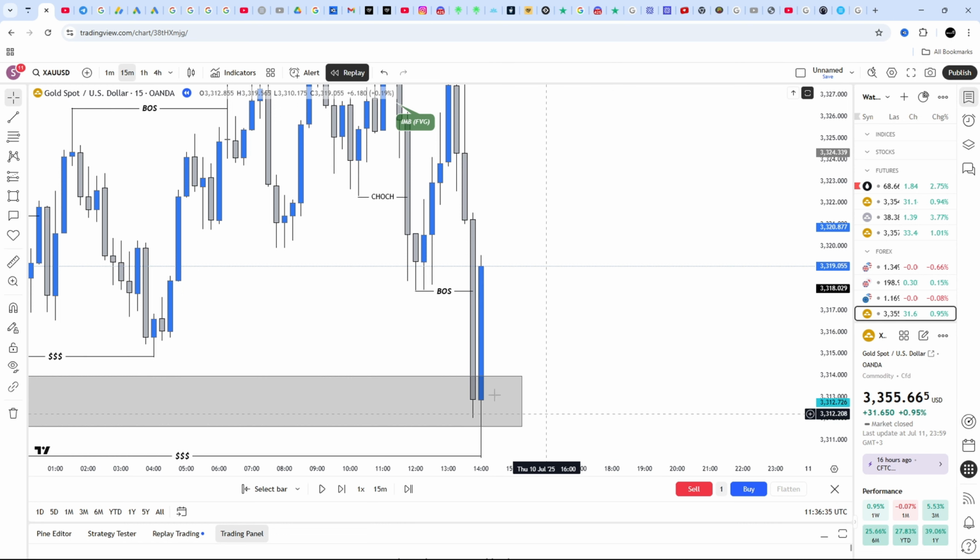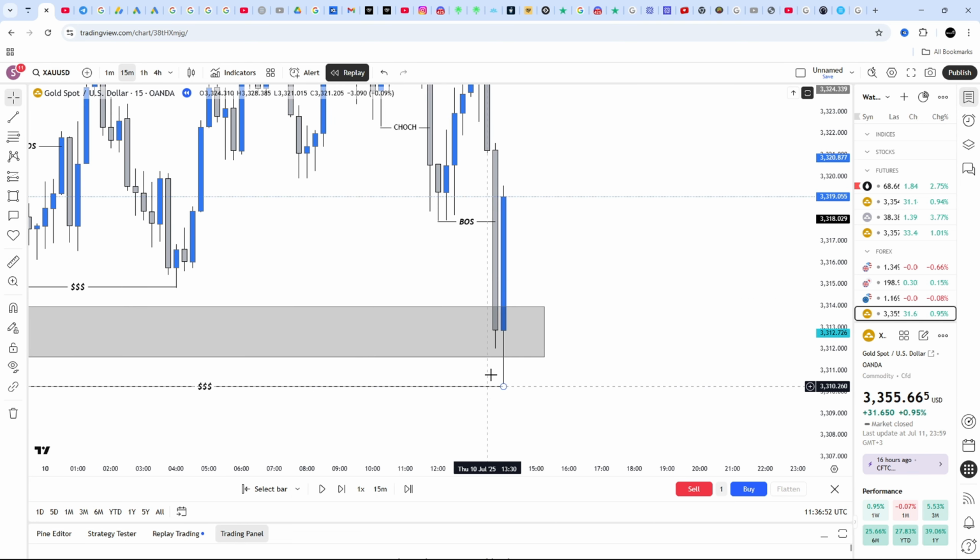I want to show you this. After sweeping this liquidity here, we took an entry from around here. Because I knew the market had swept liquidity, some of us entered from here, others entered from here, and firstly the entry was around that side, and then our stop loss was around 33008.